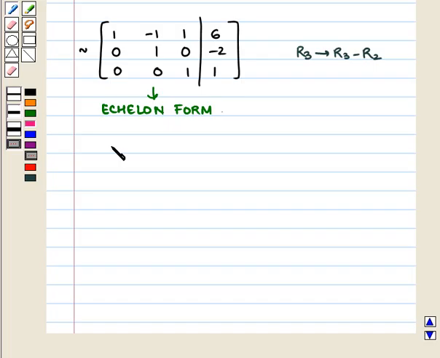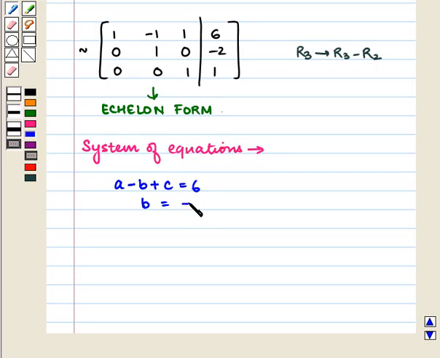Now we write its equivalent system of equations. For this reduced augmented matrix, we have a minus b plus c equal to 6, b is equal to -2 and c is equal to 1.